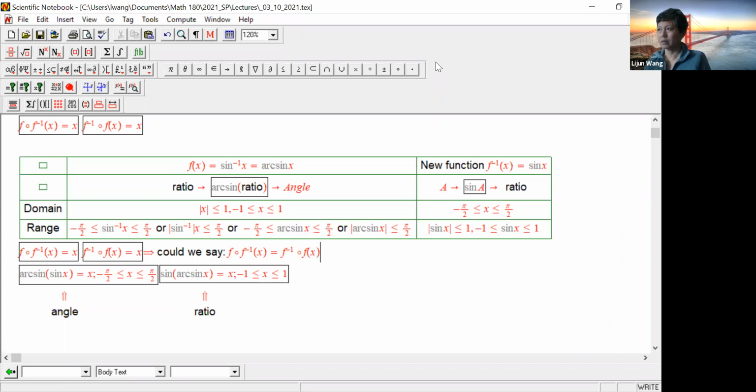Who do we say that? Yes or no? Look at the examples we have here. Can we say an angle is the same as a ratio?